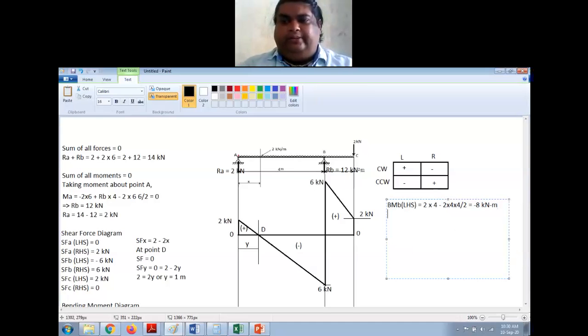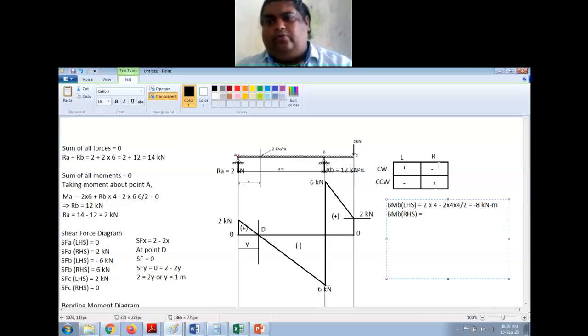Now let me find the bending moment on the right side. BM at B, RHS, is equal to, so here I have a point load which is coming downwards, so this will make a clockwise moment.